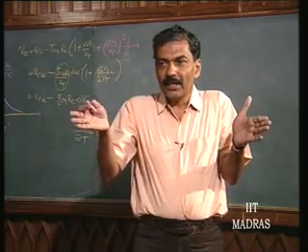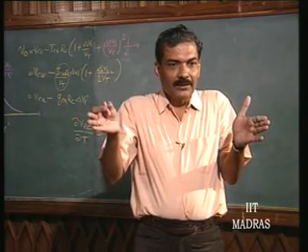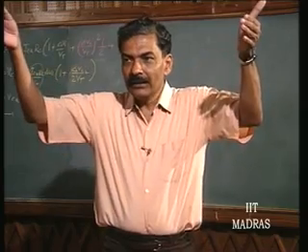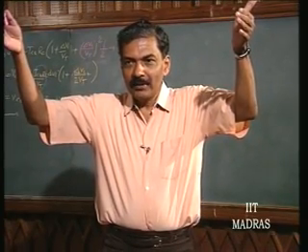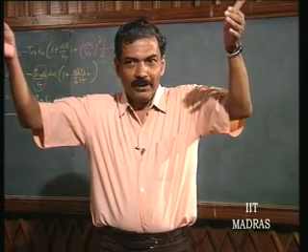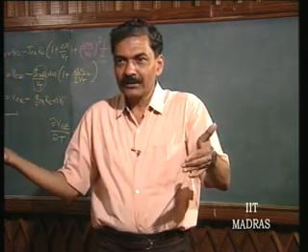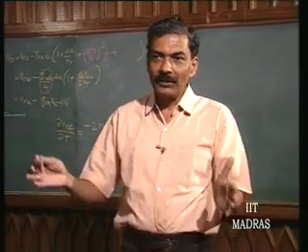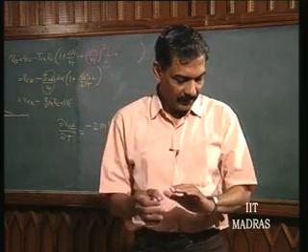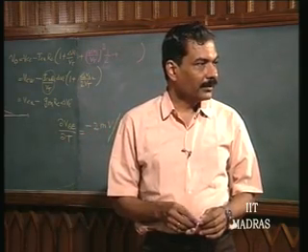If you take the differential output, it is Rc by Re or gm into Rc. That means you are getting back the common emitter gain which you had thought you had lost because of converting this stage into a differential stage.